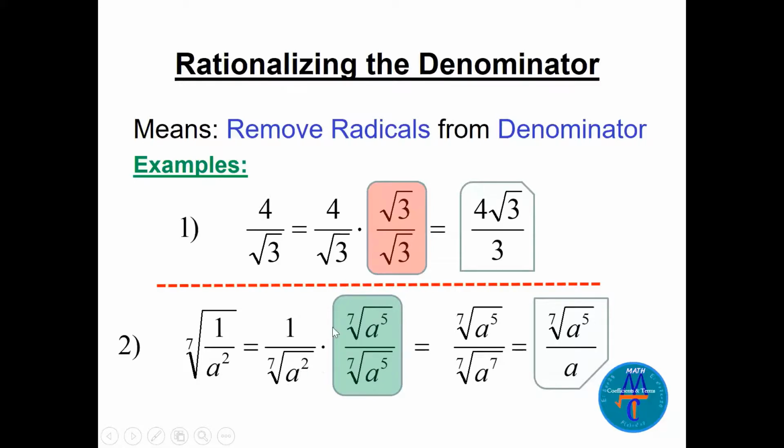Why? Because the index here is 7, so I need 7 a's. If I have 2, you have to borrow 5. If there is a 3 here, you borrow only 4. So this one will be the 7th root of a power 5, finished.